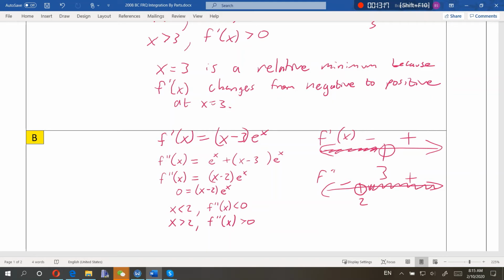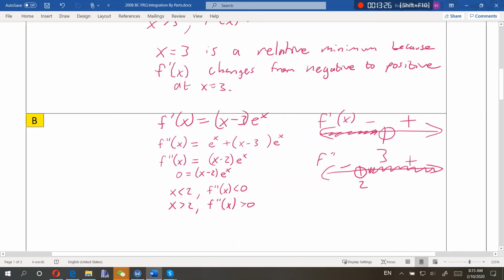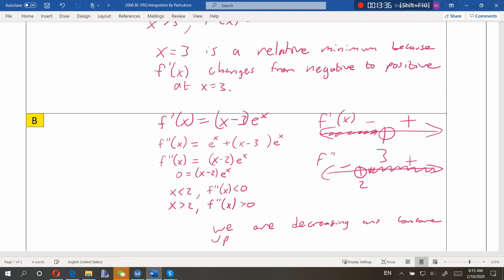So what's my overlap? 2 and 3. Okay, we are decreasing and concave up on the interval what? 2 and 3. That's 2 points.